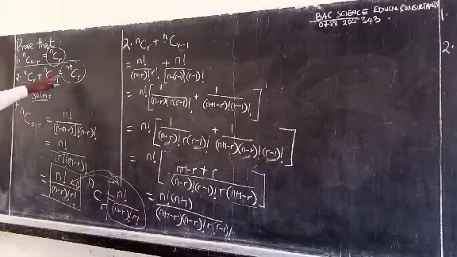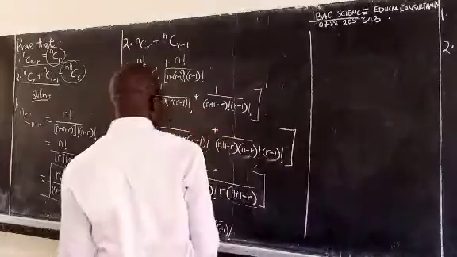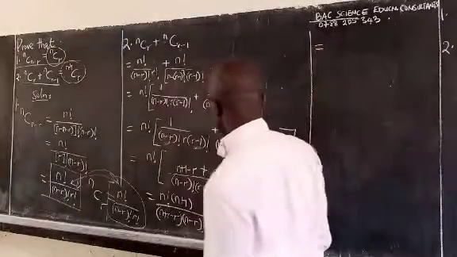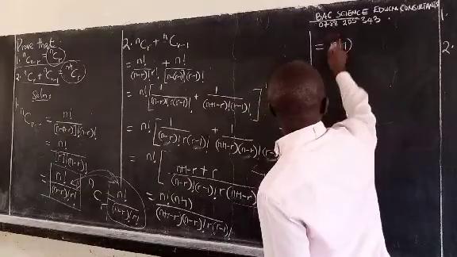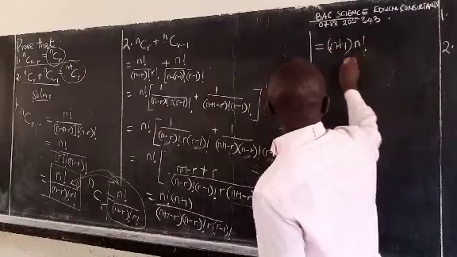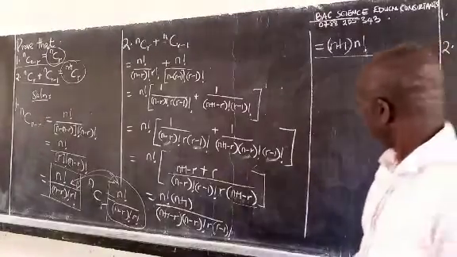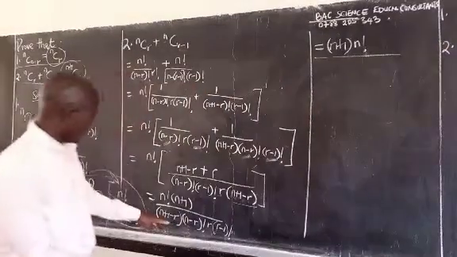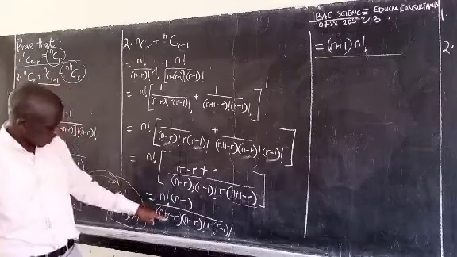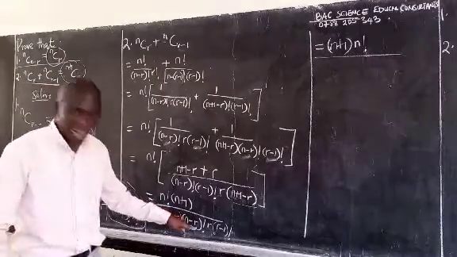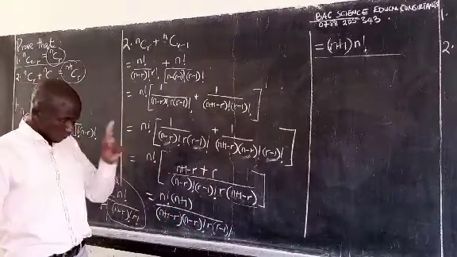What do you get? Remember, we are comparing with this. So when you reach that level, you realize that it is becoming n plus 1, then n factorial, then divide by, you see this one, n plus 1 minus r into n minus r is n plus 1 minus r factorial.